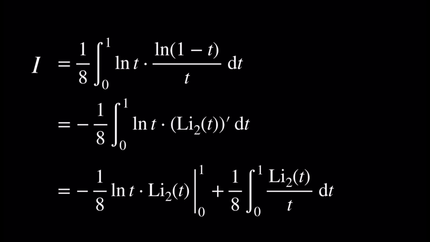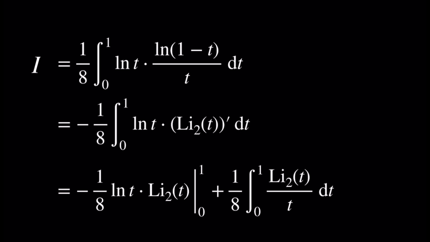Okay, now let's evaluate log of t times Li sub 2 at t at 1. Well, at 1, we're going to get log of 1, which is, of course, 0. So that term is going to vanish. But we cannot evaluate at 0, so we have to take a limit.